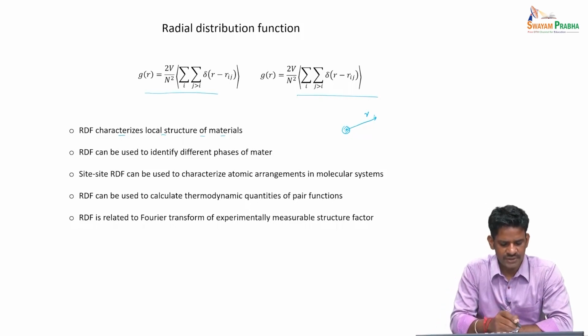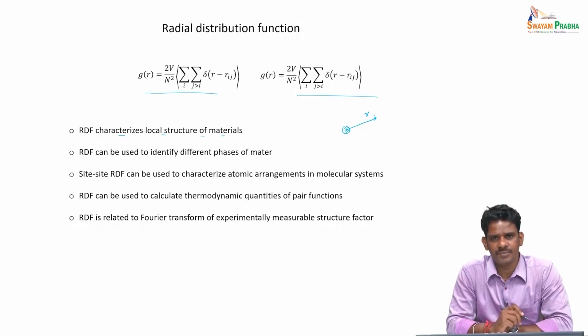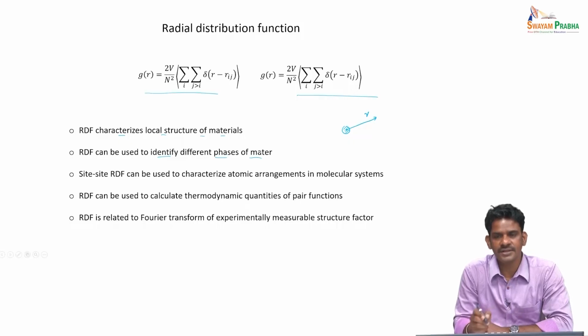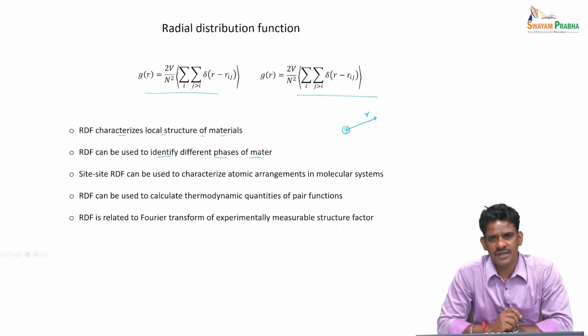We can actually use the RDF for various purposes. For example, we can identify different kinds of phases of matter, because the g of r, or the RDF, is quite characteristically different for gases, liquids and solids. By looking at those patterns, we can identify which phase of matter exists.